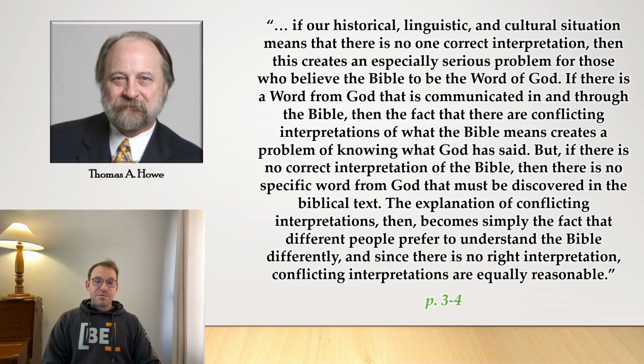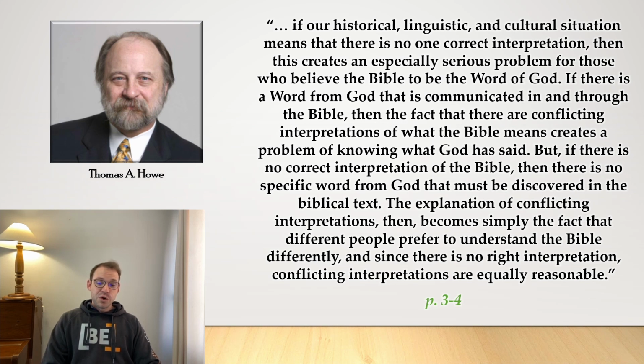So if we reject the idea that we can have one correct or one right interpretation of the Bible, then we'll end up in some sense at a position where we say that all readings or all interpretations are just different views on things, and no view is really any more or less legitimate or valid than any other view.